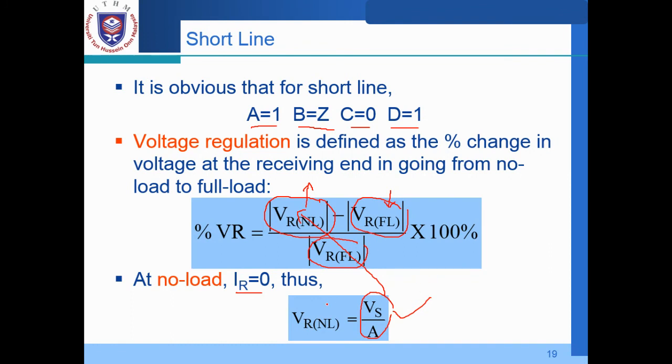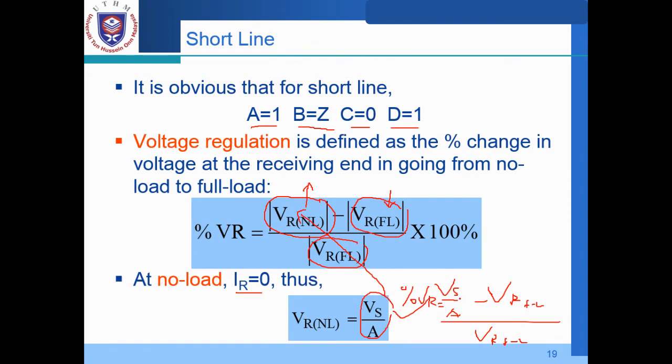So with VS over A, the percentage of voltage regulation is equal to VS over A minus VR full load, over VR full load.